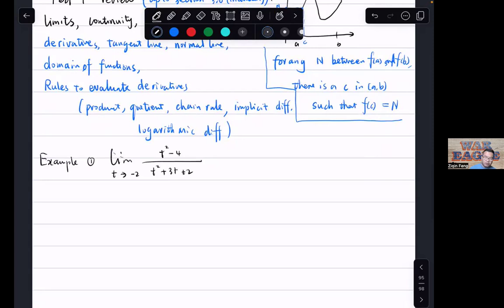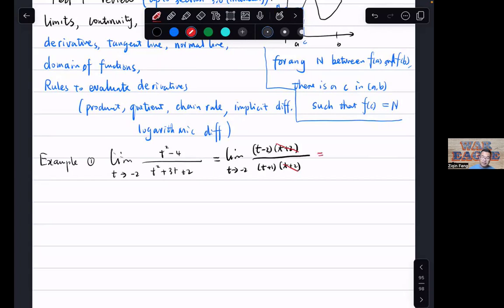So which factor makes our denominator equal to 0? t plus 2, right? It happens that the denominator can be factored as (t plus 1) times (t plus 2). The numerator is (t minus 2) times (t plus 2). So our zero factor can be canceled from the numerator, right? Both zero factors will be canceled.